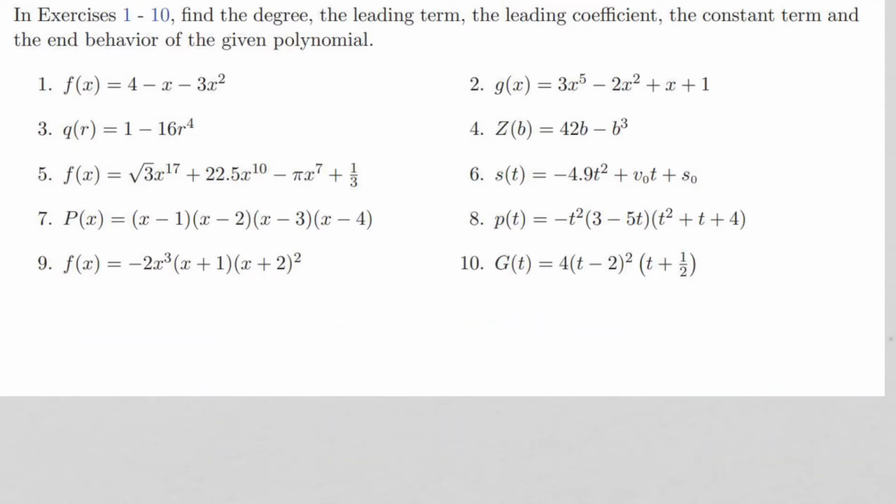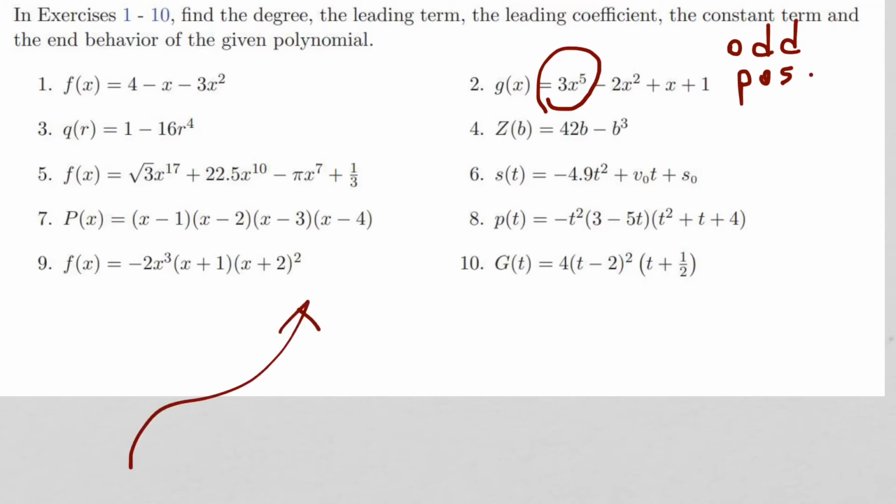Okay, let's look at another one of these. Let's look at number 2. My leading term is 3x to the 5th. So that's an odd function with a positive coefficient. An odd function with a positive coefficient is going to have down-up behavior.